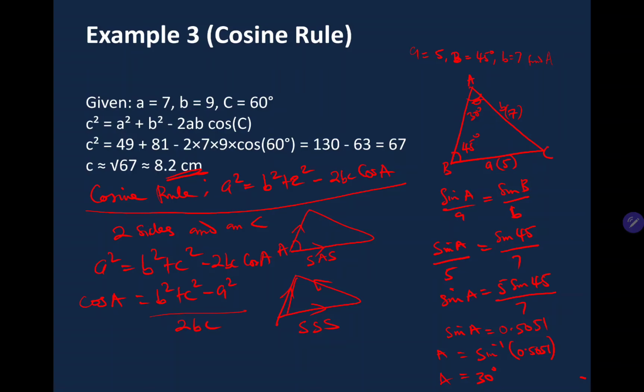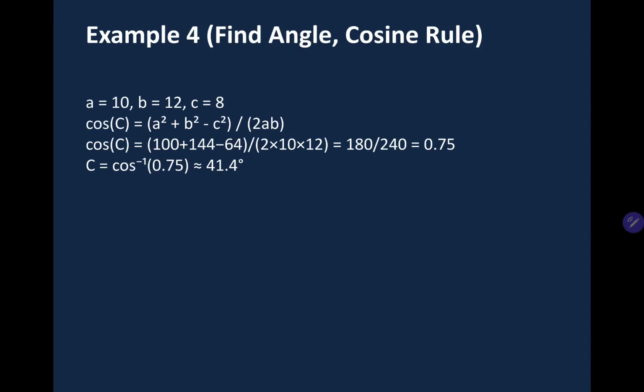Okay, we move on. So here we're going to find the angle. We're given a triangle, and when we draw the triangle, we'll see if the cosine rule is the appropriate rule.